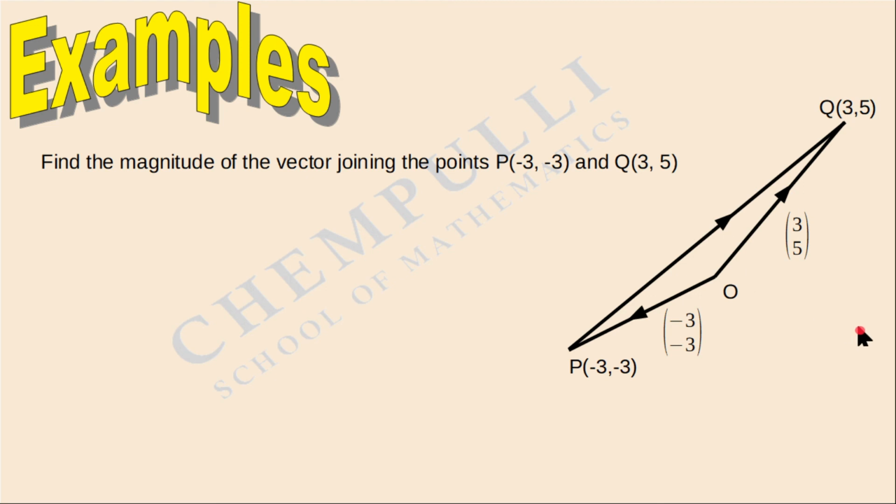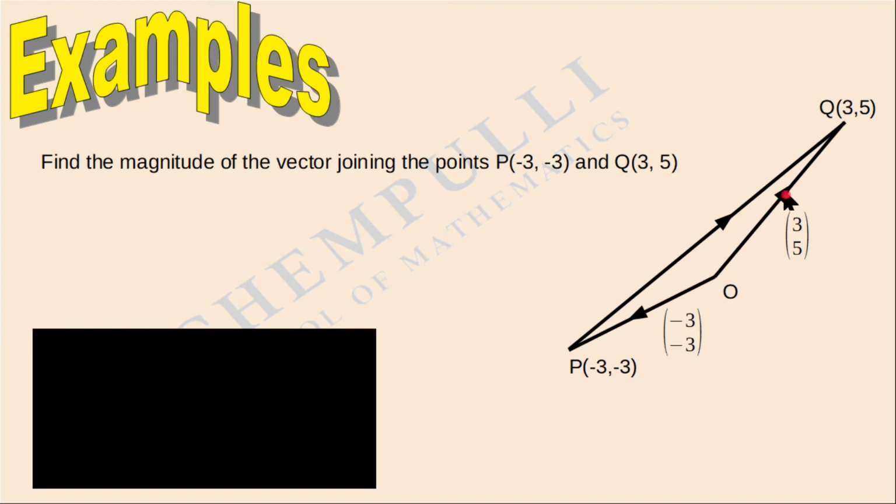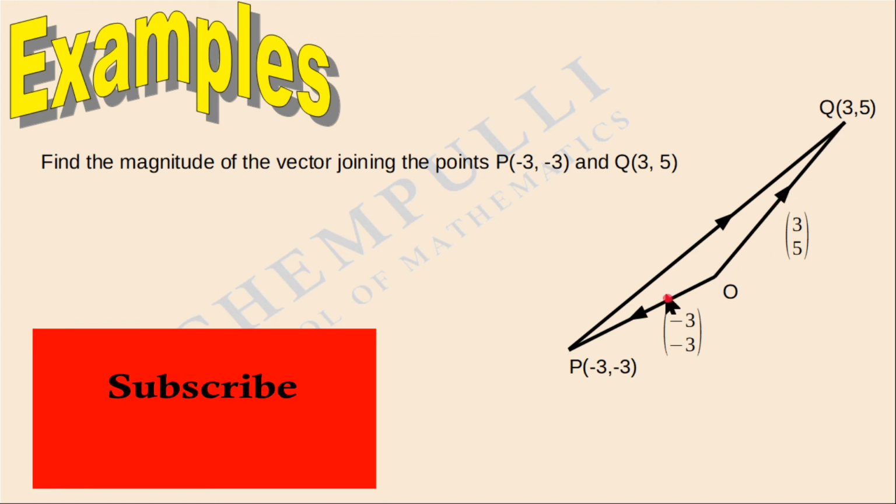By the position vector method, we know the position vector of the head. The head is Q, so the position vector of head is vector OQ. The position vector of tail is vector OP. These two vectors we know, so we can directly use subtraction: position vector of head minus position vector of tail, that is vector OQ minus vector OP.